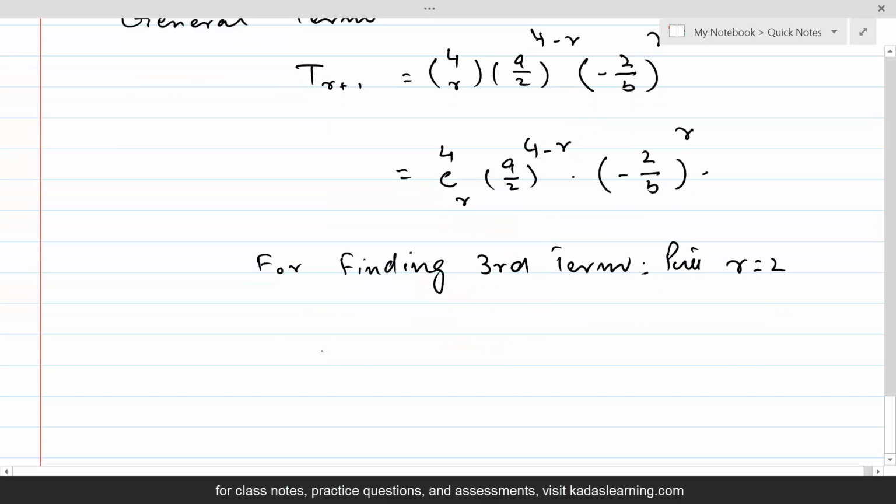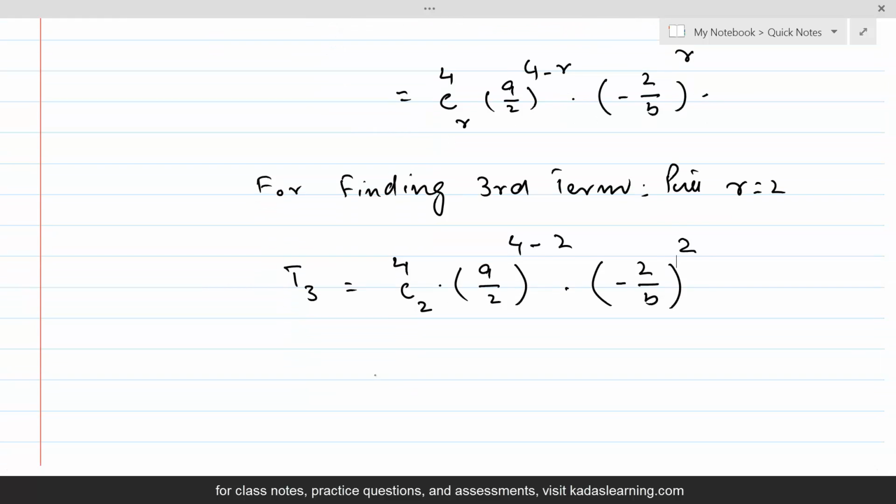So this would become T3 equal to 4C2 into (a/2)^(4-2) into (-2/b)^2.